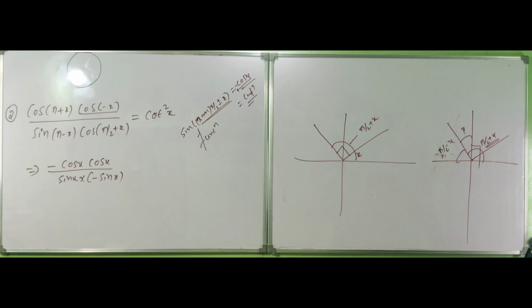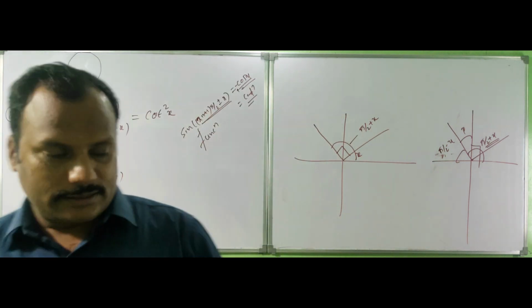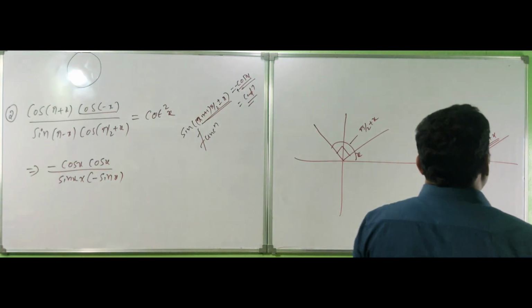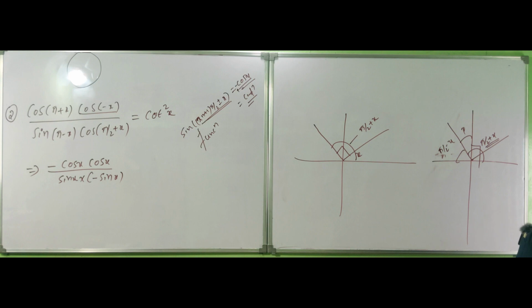Pi by 2 minus x, pi by 2 plus x, then the whole gives, sir, how to define pi by 2 plus x? This is negative, pi by 2 plus x should give minus x. We are getting the correct value.